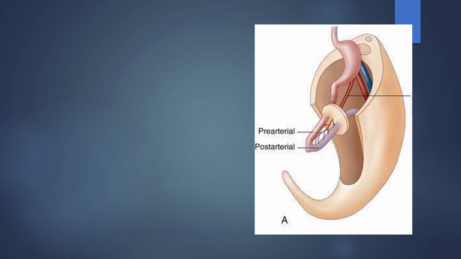The cephalic part, that is the pre-arterial part, is going to form the future lower part of the duodenum, jejunum and ileum. And the caudal limb, that is the post-arterial part, is going to form the cecum, appendix, ascending colon and 2/3 of the transverse colon.